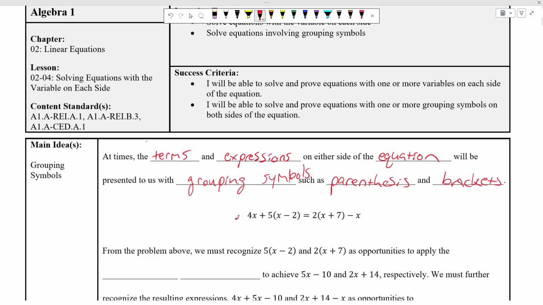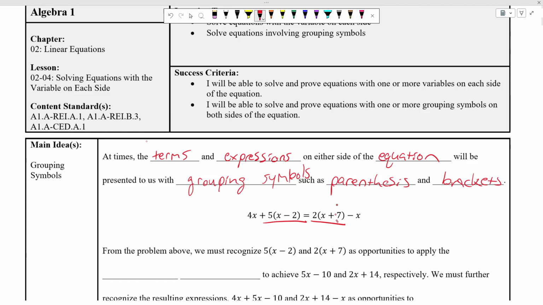Okay, so one such equation might look like this, right? It has grouping symbols. So from the above, we must recognize this and this. They are the terms that contain the grouping symbols in this equation. And when we see grouping symbols represented in the way that this is, right, we have a 5 multiplied by a grouping symbol, 2 multiplied by a grouping symbol.